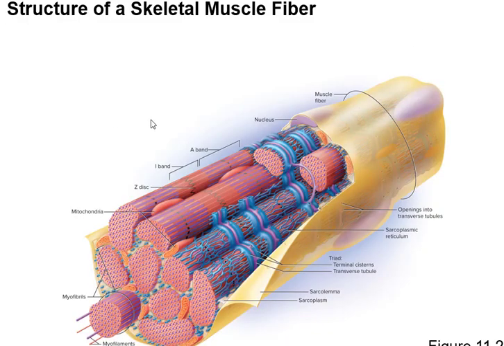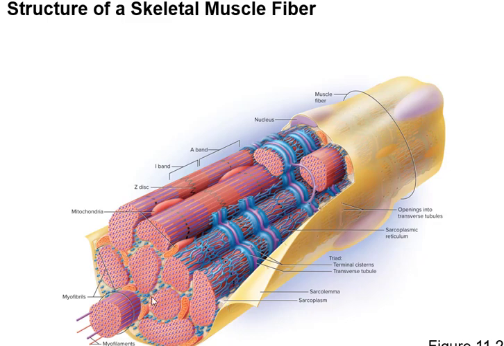So now that they've taken it apart for you and showed you the individual pieces of it, now they're trying to put it all back together for you so that you can kind of see. So here's a muscle cell, which we're going to call a muscle fiber. And there's its cell membrane, which we're not going to call a cell membrane. We're going to call it the sarcolemma. And then just inside, there's a nucleus, here's a nucleus, here's a nucleus right there.